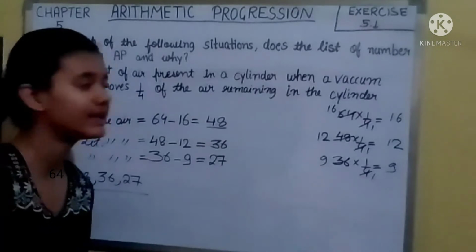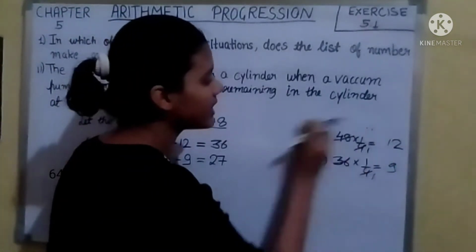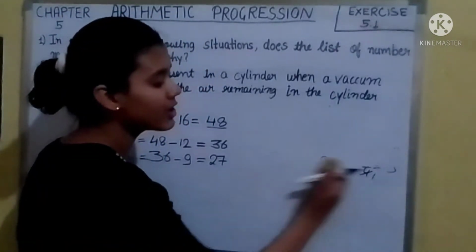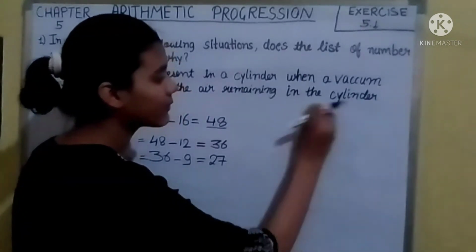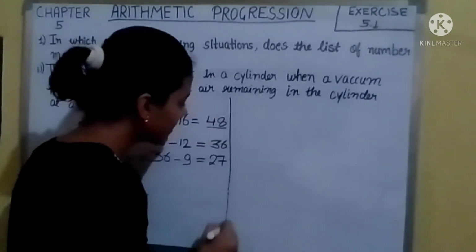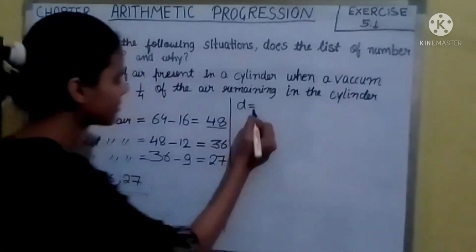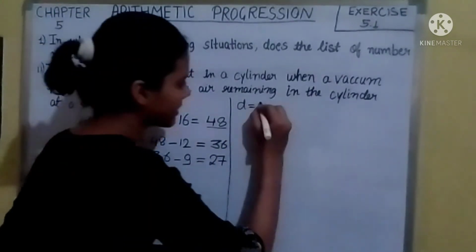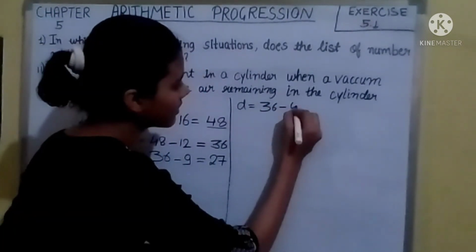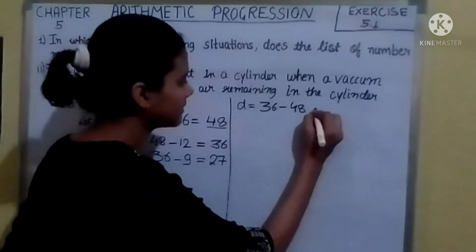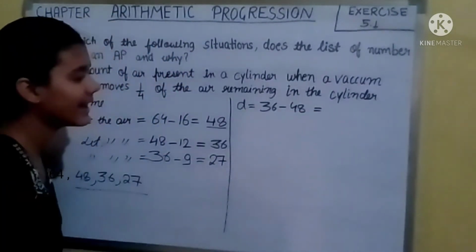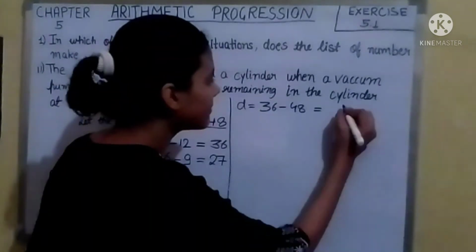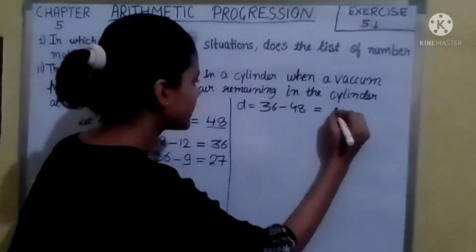Now we will check whether this is an AP or not. For checking that, we have to find the difference between them. So D is equal to 36 minus 48, what will we get? Minus 12.